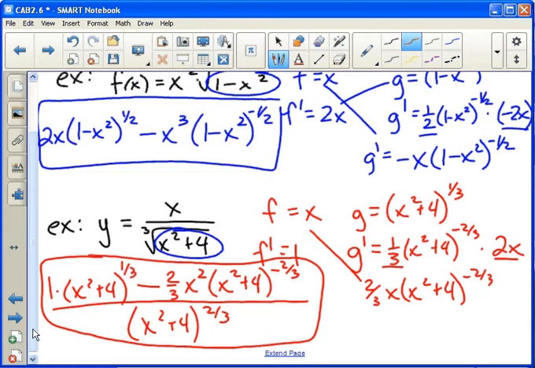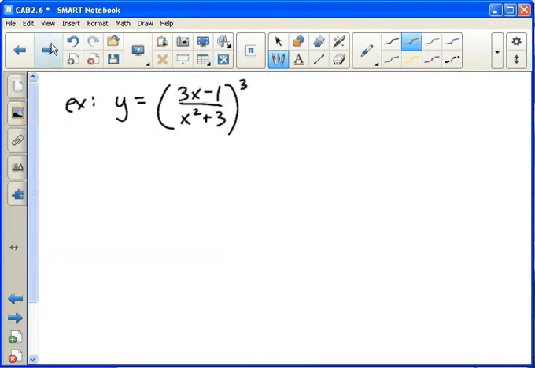Alright, last example. Y equals 3x minus 1 over x squared plus 3, all raised to the third. So take a second and think what two rules are going to be required to solve this. This one's going to be the quotient and the chain. But this time, as you may have guessed, chain rule comes first. Chain rule is what dominates.